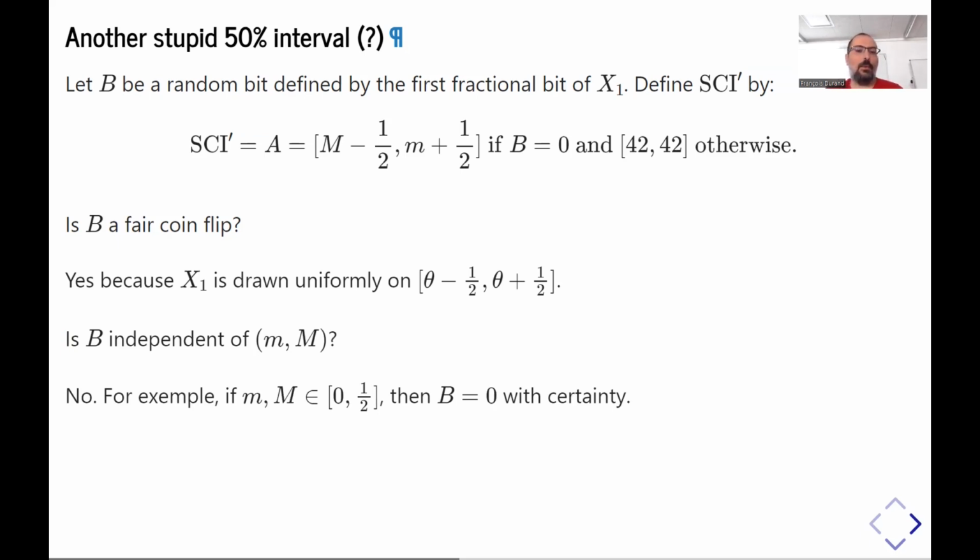Just as an example, if we happen to have m and M in [0,1/2], then we know for sure that B is equal to 0. So it's not independent. And the last question: is SCI prime a 50% confidence interval? If B is fair, yes. I have yes here.